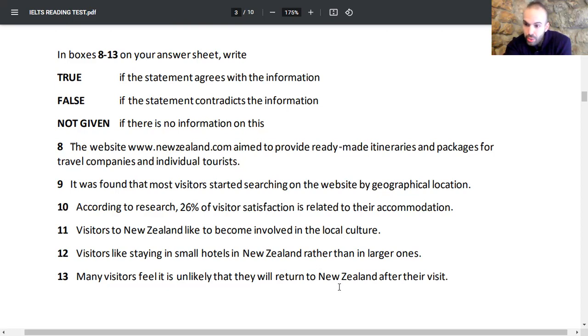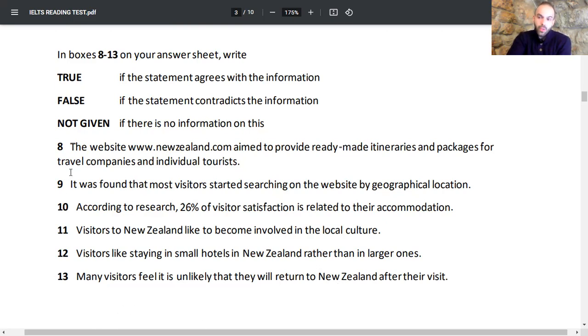Number 12 is in paragraph 6 as well. And number 13 is in the final paragraph, okay?